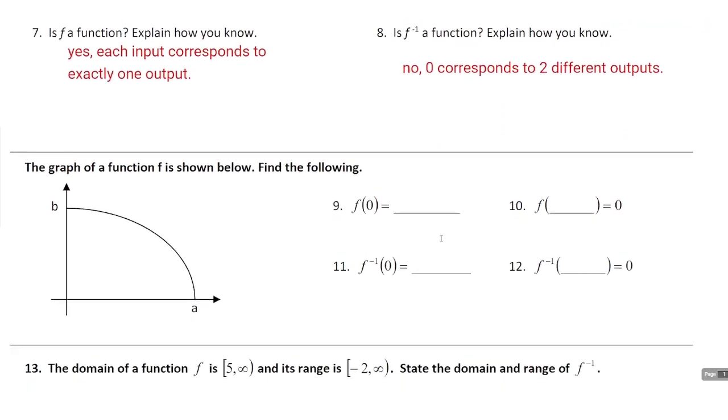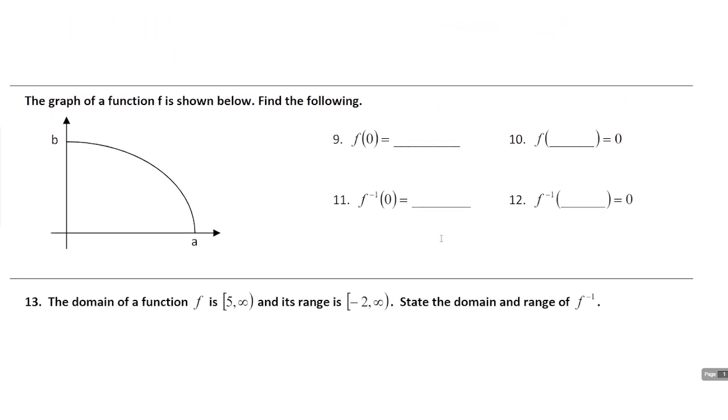Okay, let's take a look at this graph. Let's see if we can make sense of what's going on here. Got a graph, no numbers or anything. It looks like maybe half of a sideways parabola, or maybe it's part of an ellipse. We don't really know what it is, but we should be able to answer these questions. Does f of 0 equal?